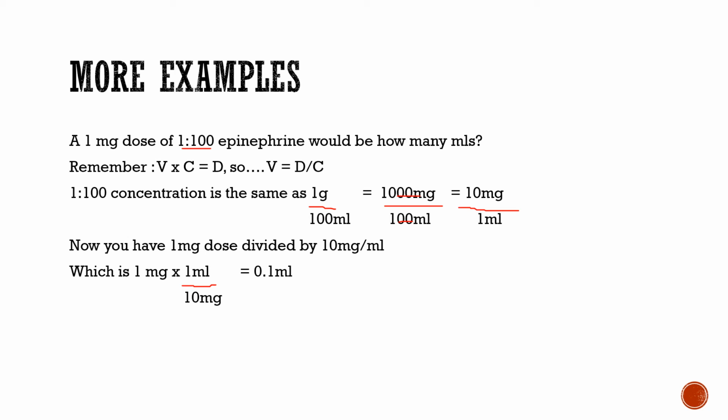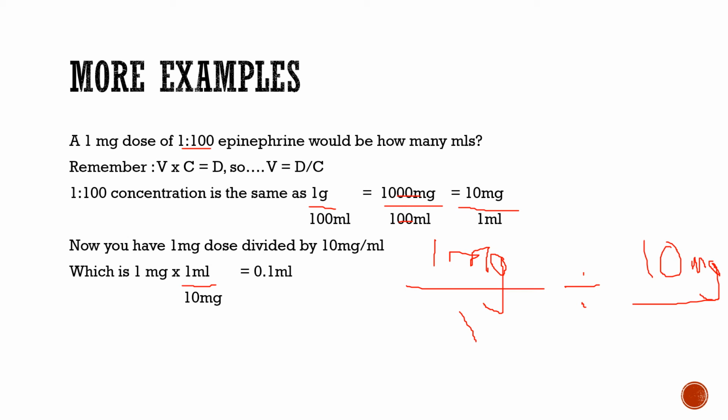So that would be the 1 milligram, or you just put a 1 over it, divided by your 10 milligrams over 1 mil. And you know what to do when you're dividing fractions, I hope, right? We have to flip it. Again, this is mil, I'm sorry.